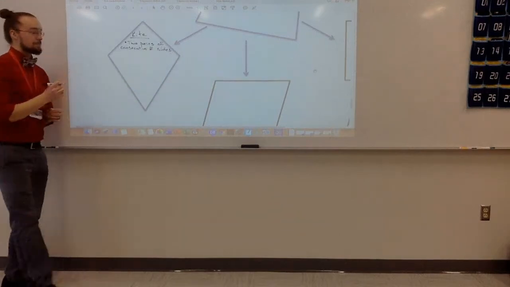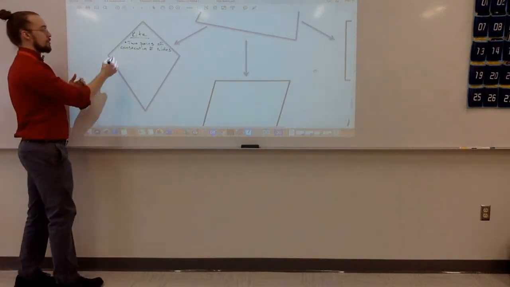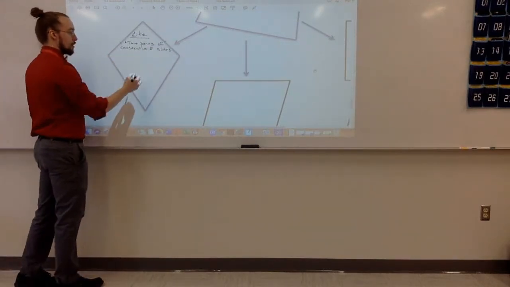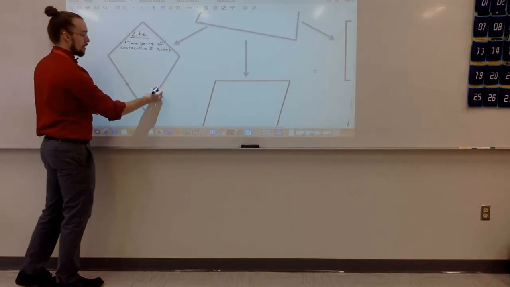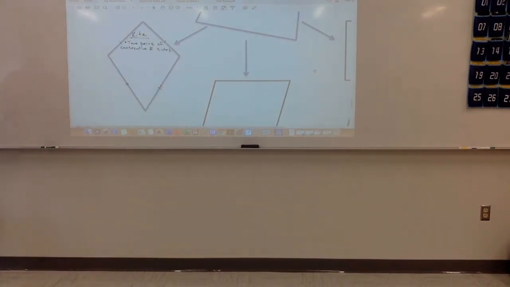So for example, in this figure, we can say this side and this side are congruent, and this side and this side would be congruent.